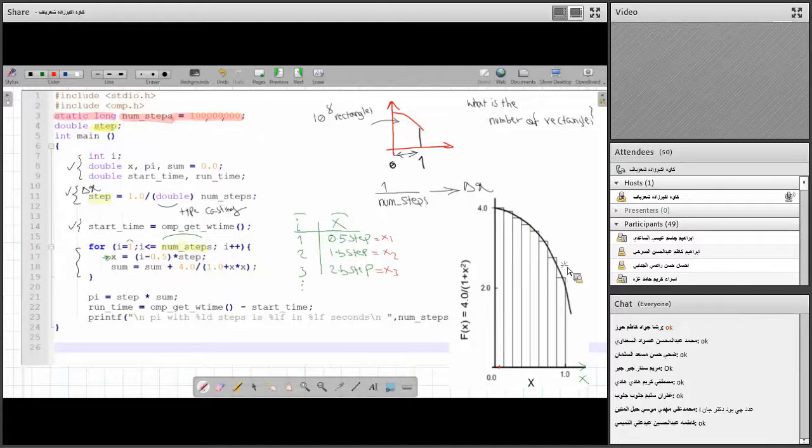If you remember, we called this distance the step. Half a step. 0.5 step is here, half a step. 1.5 step is here, x2, and 2.5 step is here, x3.